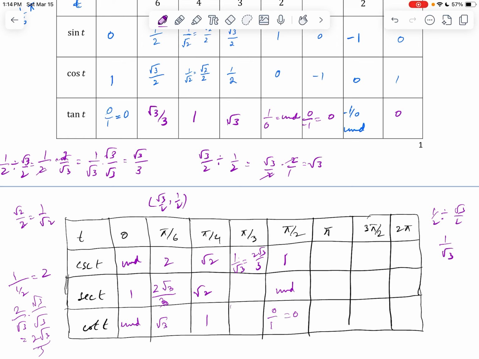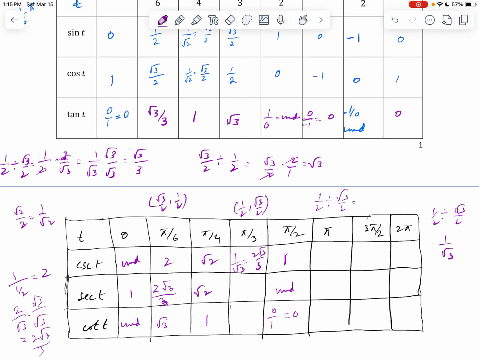Okay, we are left with this. So cotangent of t, at pi over 3. We are looking at pi over 3. So pi over 3 has the coordinates 1 half, square root of 3 over 2. x over y, so 1 over 2 divided by square root of 3 over 2.